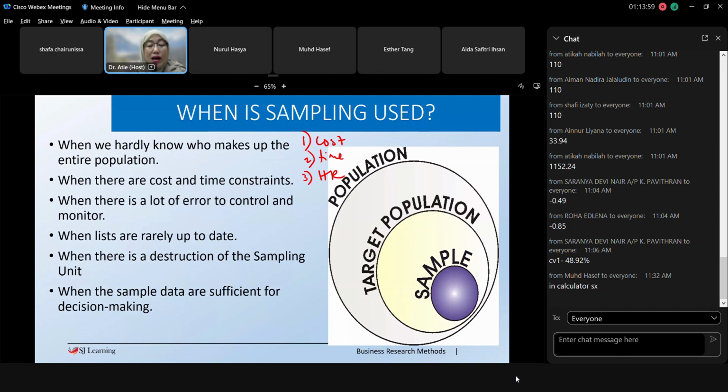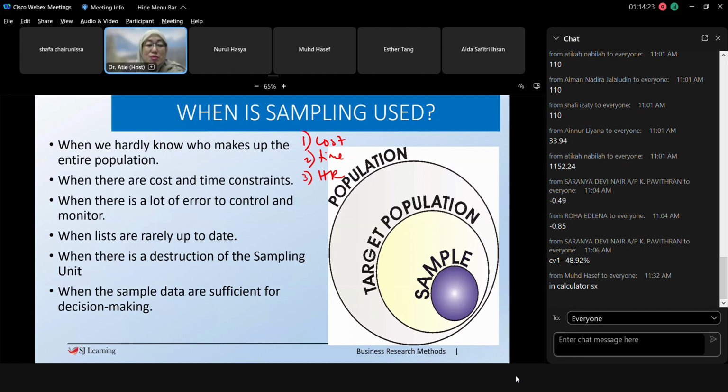Another case is when lists are not really up to date. For example, you want to do a study for a company, and the management told you that they don't have the current number of employees because after COVID-19 they didn't update the list of employees.